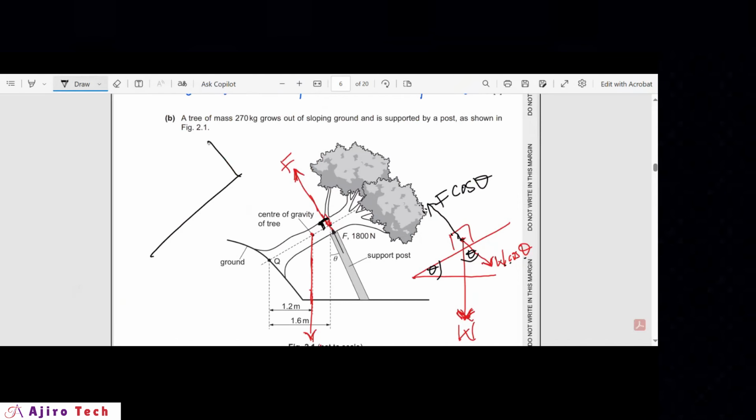So I have the force here, which is F cos theta. And this is the point Q. So that's a perpendicularity between this and this, which means we can take moments when there's perpendicularity.